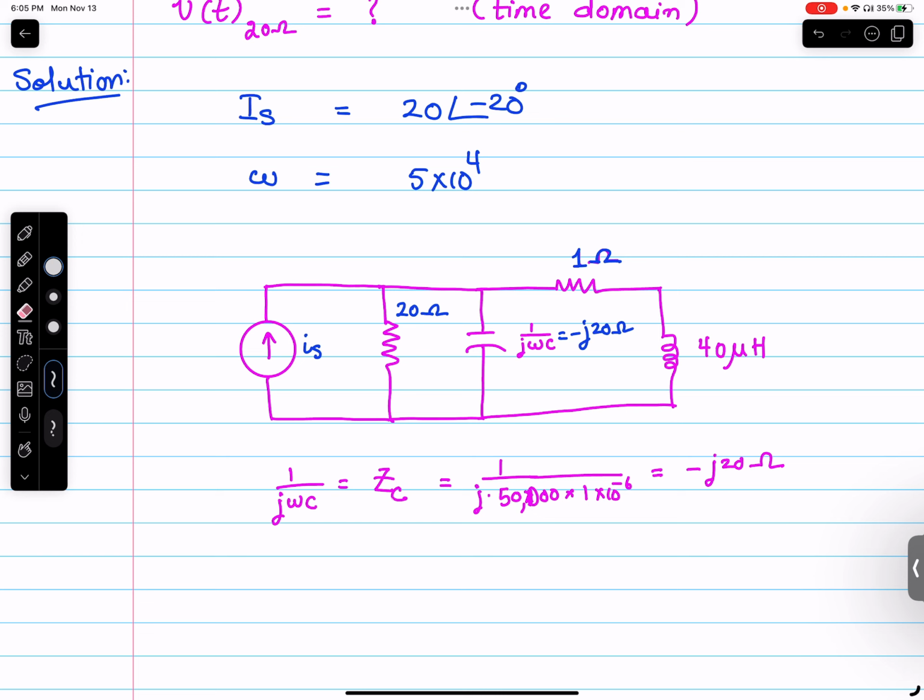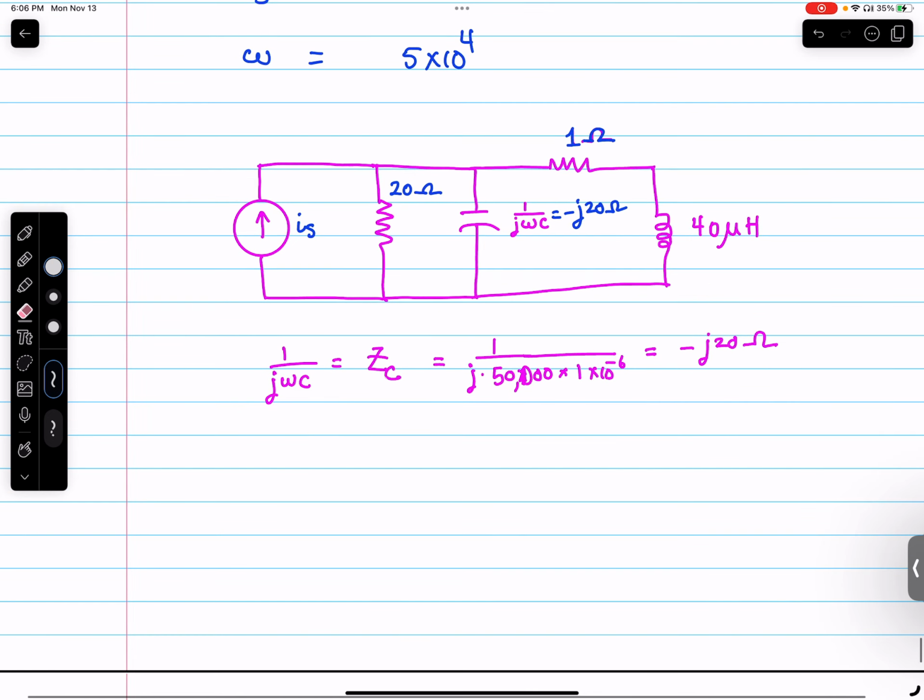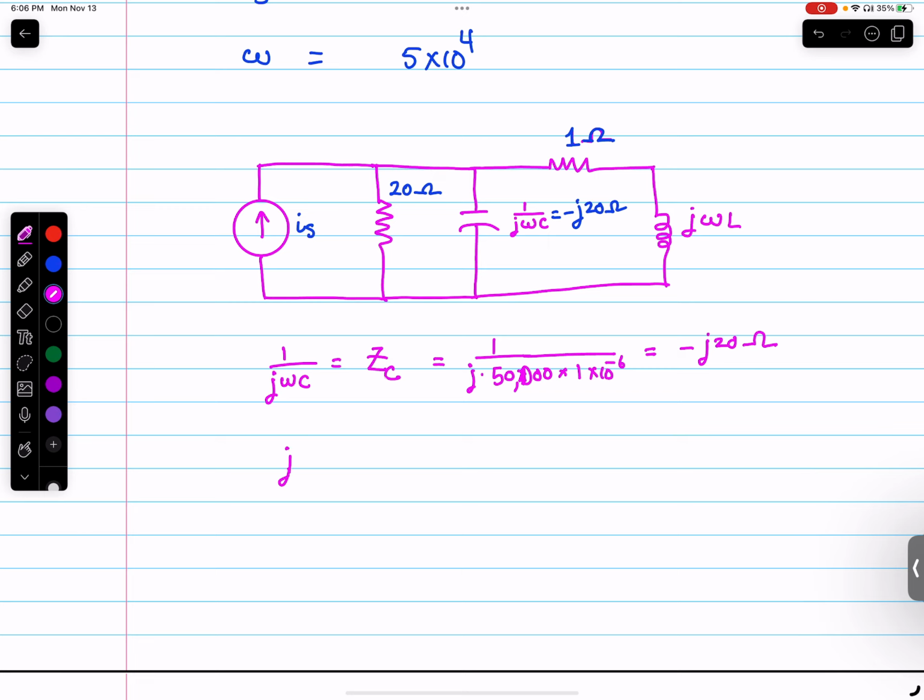What else we got? We have to take care of the inductance as well. This is 40 microhenry, if I remember correctly. This can be replaced with j omega L, which represents the ZL, that is j times 50k times 40 microhenry.